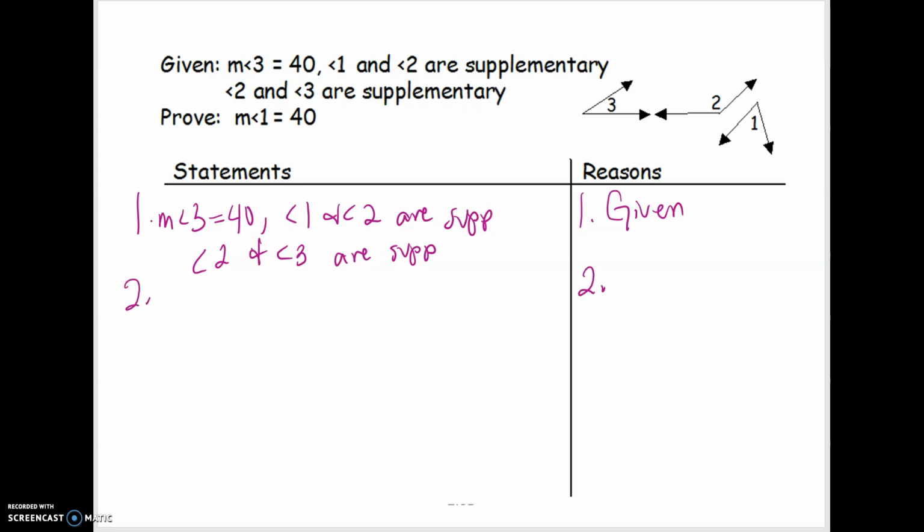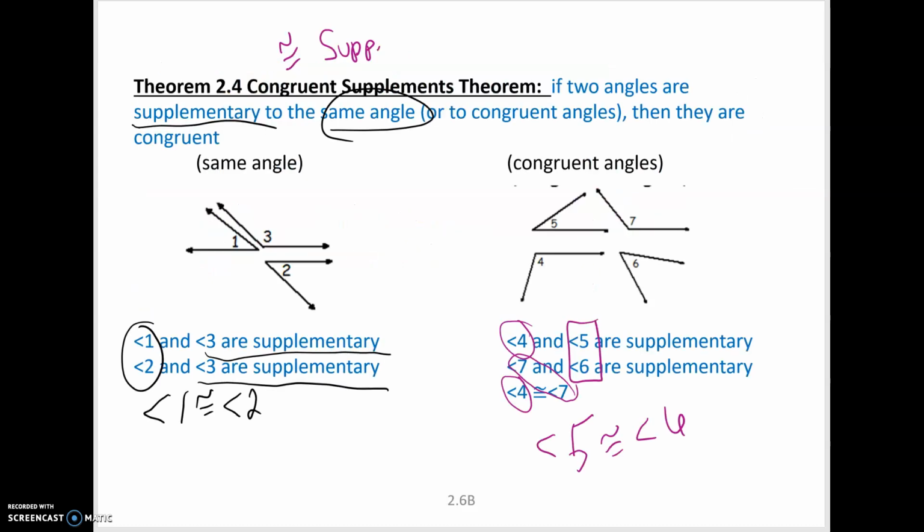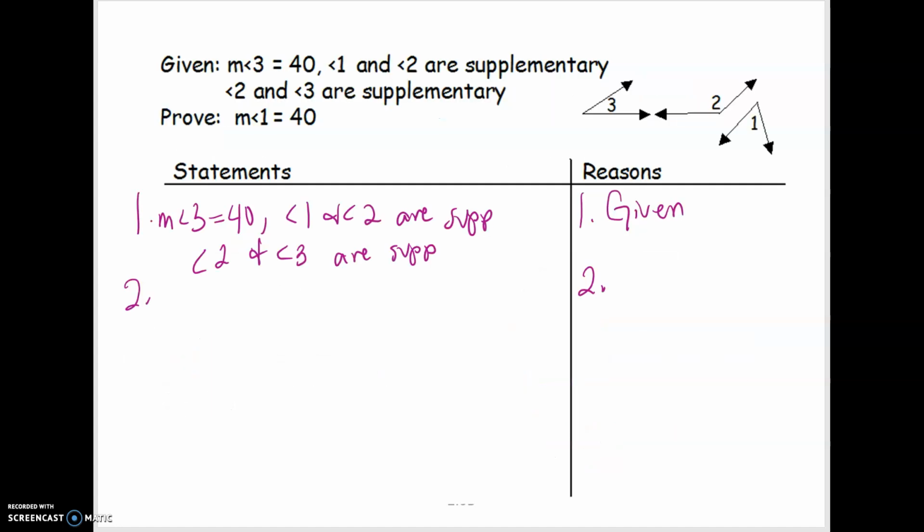Okay, so using my new theorems, the ones that we just talked about, this one talks about supplementary. So I'm going to switch back really quick and look at that. It says congruent supplements theorem. If they're supplementary to the same angle, they're congruent. So if I look at my statements, 1 and 2 are supplementary, 2 and 3 are supplementary.